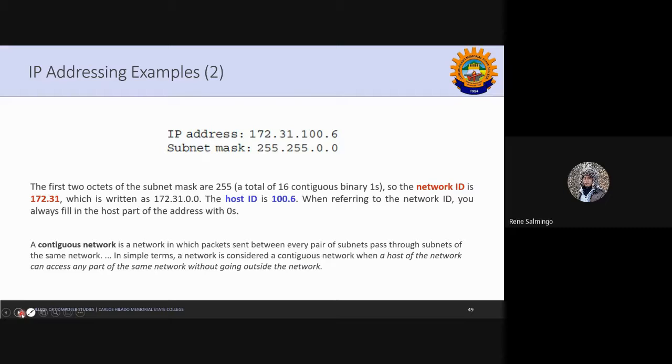And this one, which is your first octet? 255, sir. Okay. So for this one, 255, and for the other one, we have 172.